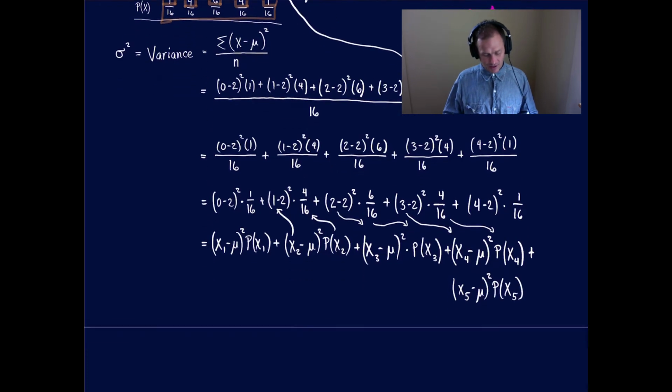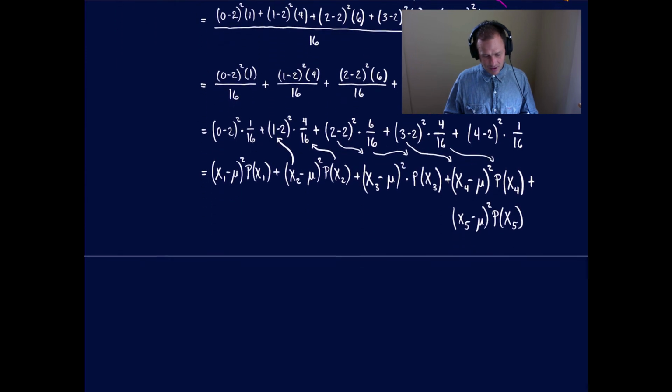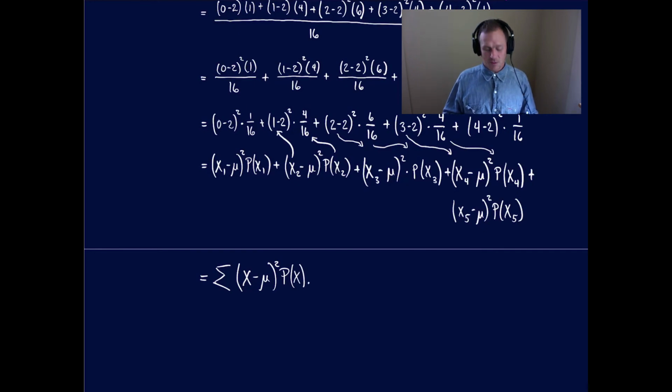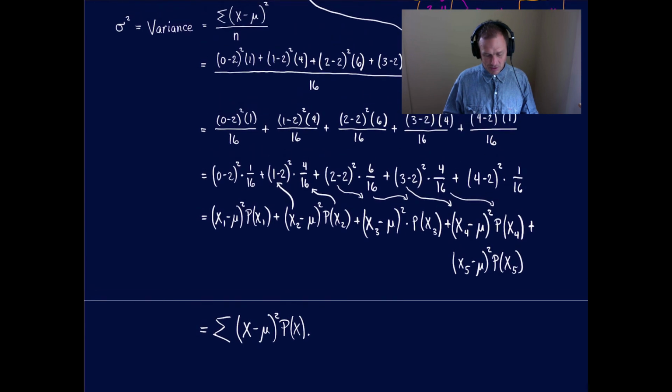And now we can clean all this up, and then we'll go back and get our result. So in other words, this is just consolidated into saying the sum of the data x minus the mean squared times the probability of x. And that is how you find the variance for a probability distribution.